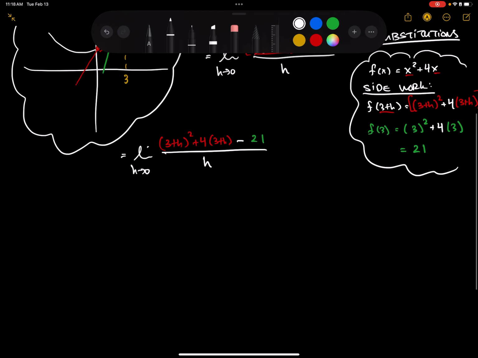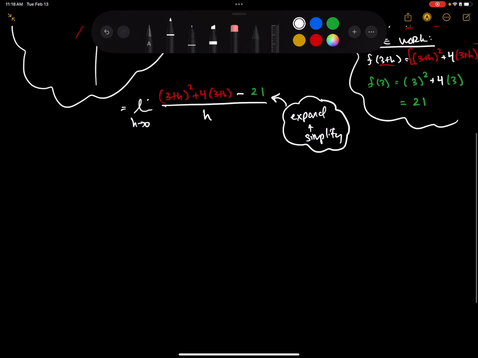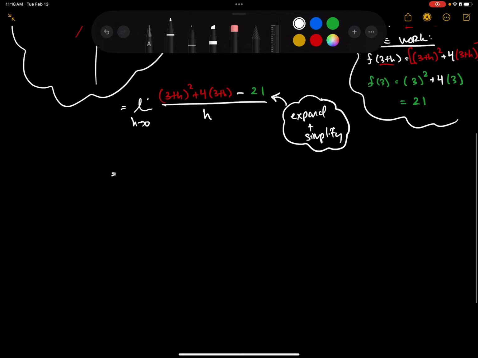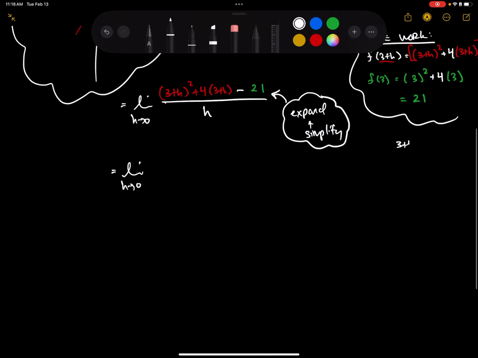And now here we're going to expand and simplify and hopefully get something nicer than what we have because we want a slope at the end of the day. So we hope that this resolves. So we'll expand out the top. Remember 3 plus h squared is just 3 plus h times 3 plus h.